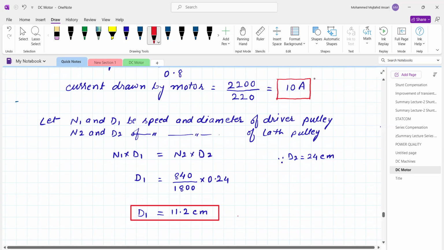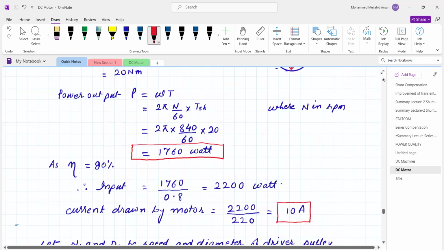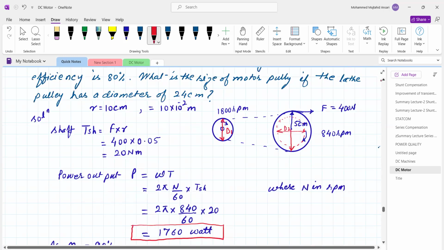Now see, as we have assumed in the example, when the motor completes 1800 RPM, the lathe pulley is going to complete less than 1800 RPM in the same time. So our assumption is correct.